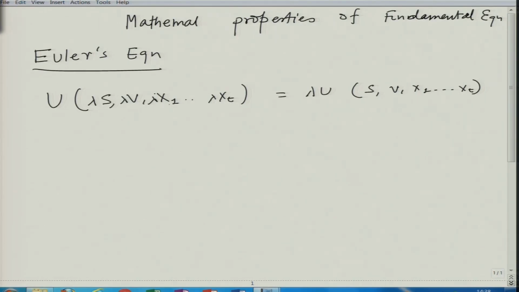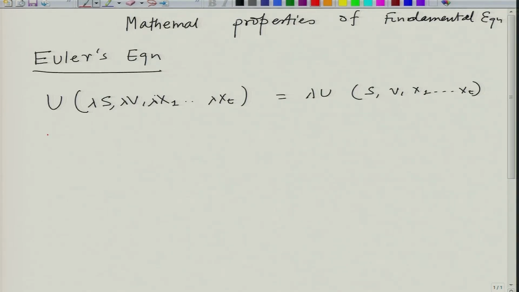Where X could be, because it is an extensive property, something such as moles of the component. So, we can consider something like this, where we have U of lambda S, lambda V, and instead of X I can put the number of moles. Okay.